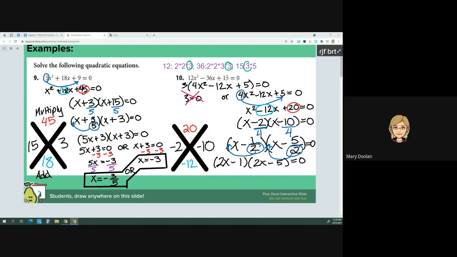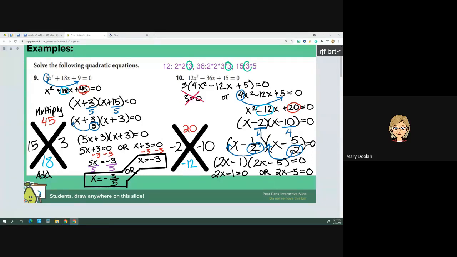And so when you have two things being multiplied together and it equals 0, that means one of them has to be equal to 0. So we will set each one equal to 0 separately. 2x minus 1 equals 0, or 2x minus 5 equals 0.